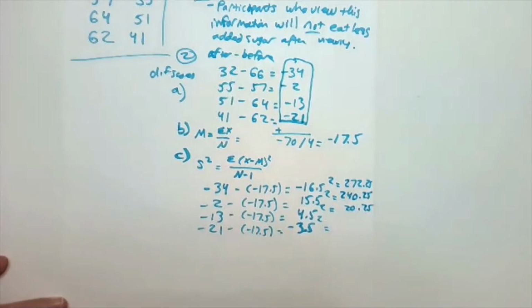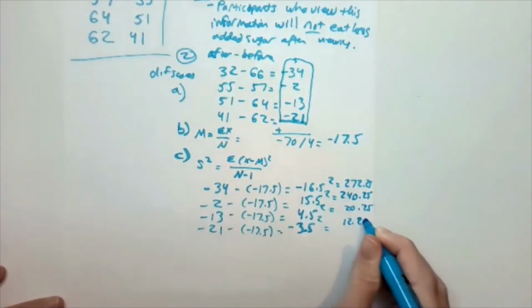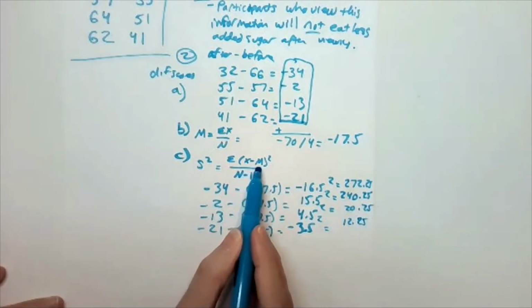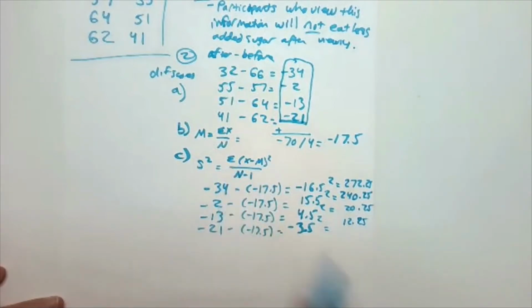And negative 3.5 squared is going to give me 12.25. So that's x minus M squared. Next thing we do is add these up. If I add up these squared deviation scores, what I'm going to get is 545.